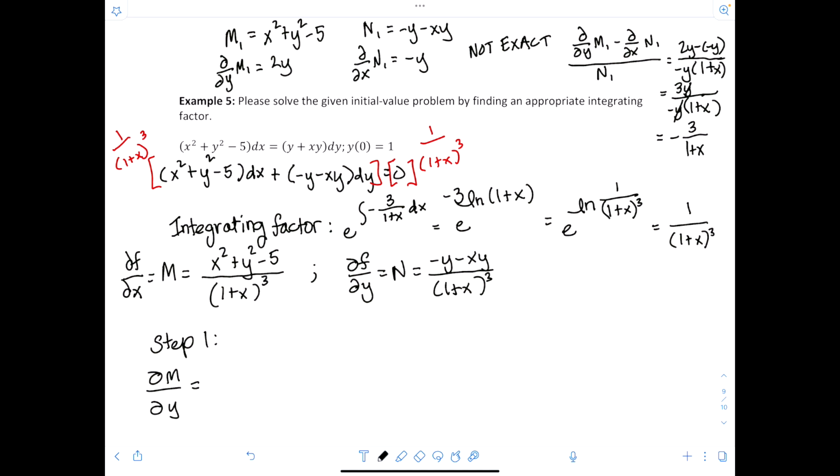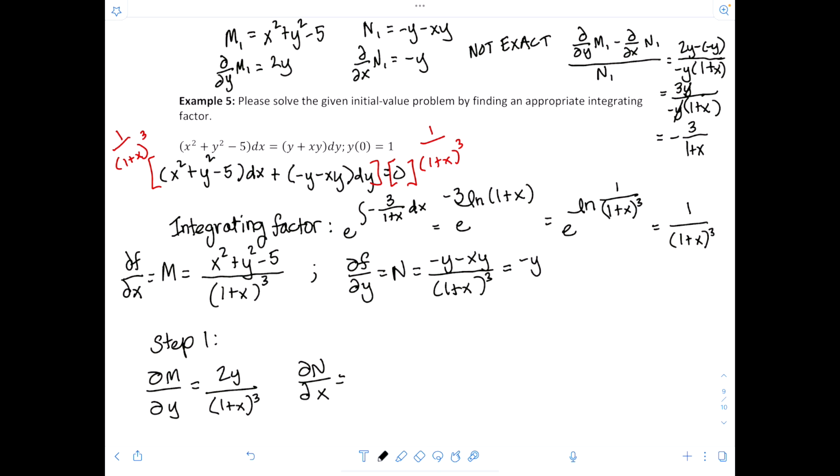Okay, so first partial of m with respect to y, that denominator is in terms of x, we don't have to worry about it, so we'll be left with 2y over the quantity 1 plus x cubed. And now let's take a look at the first partial of n with respect to x. Let's see, the minus y part will zero out, right? So I'm going to simplify n in order to do this.